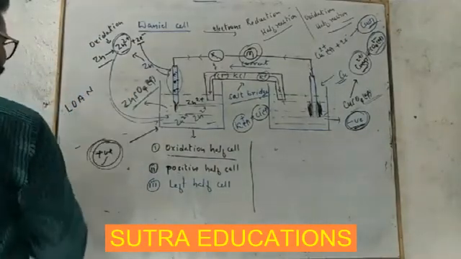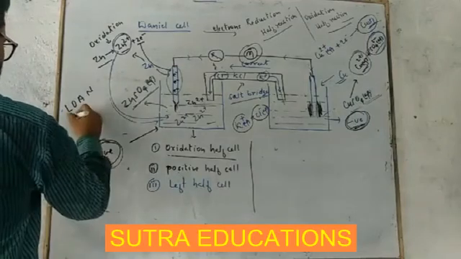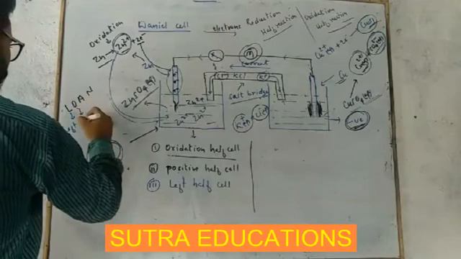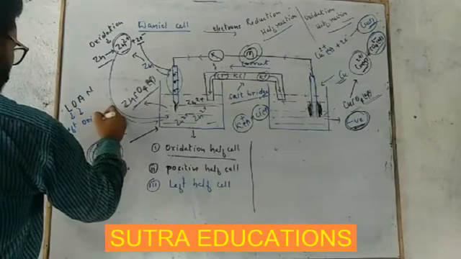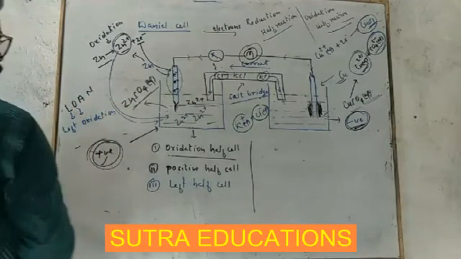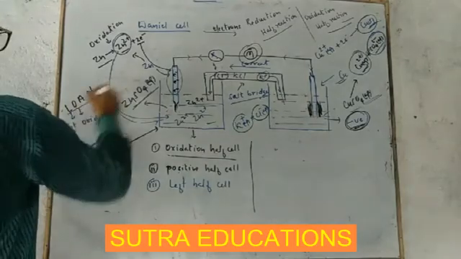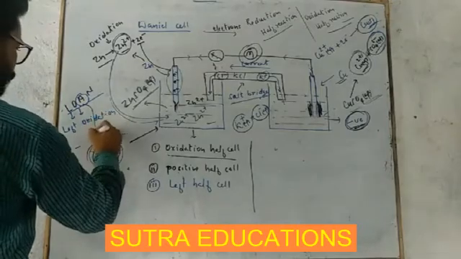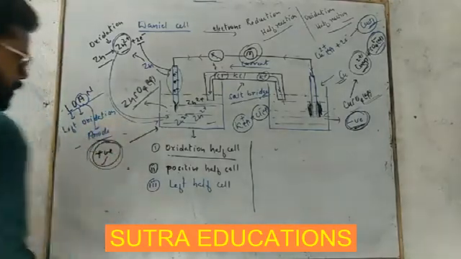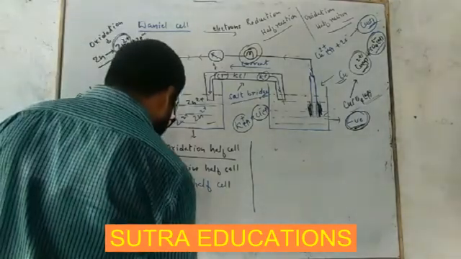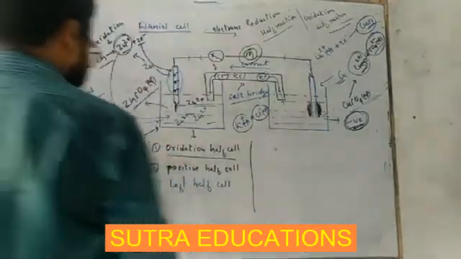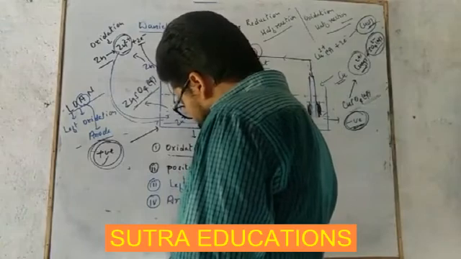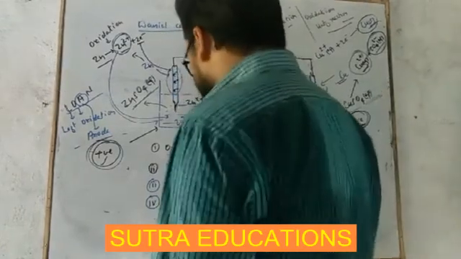L stands for left, O stands for oxidation. Here this A is anode, so we will say it is the anode half cell also.